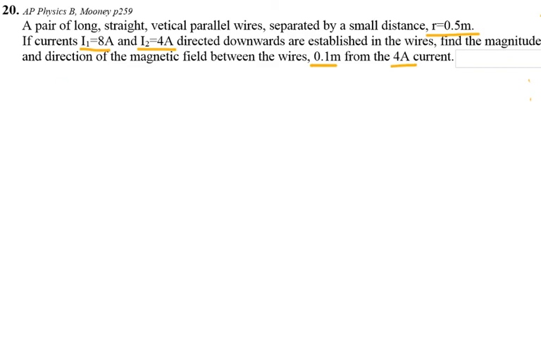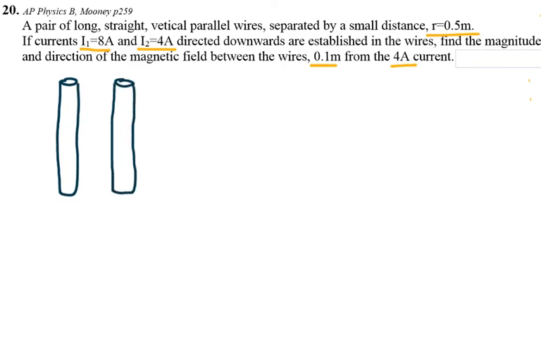So I have one wire, vertical, and another wire, and the distance between them is 0.5 meters. The currents in the wires point down, 8 amps and 4 amps. And they ask you to find the magnetic field 0.1 meter away from the 4 amp wire.